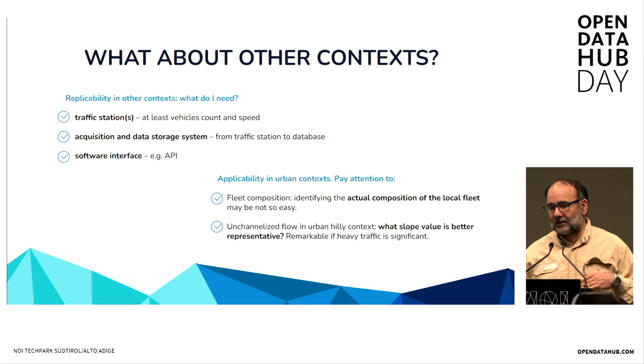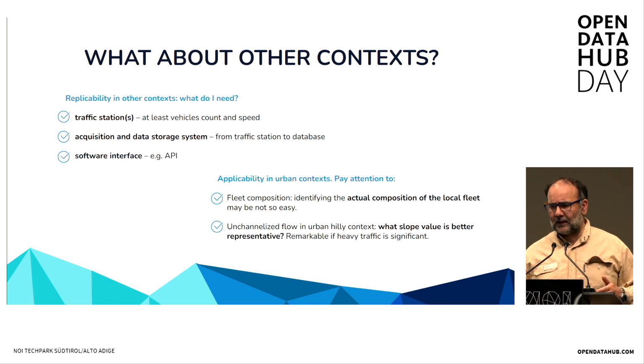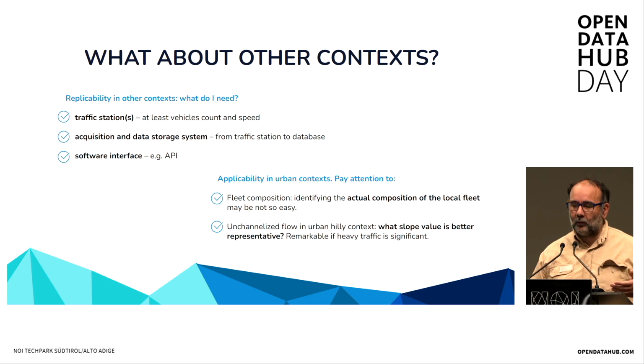The second issue, which is indeed not a real problem for applicability and scalability, is that we have to recalculate in a statistical way the fleet composition for every region where we would like to apply this method again. But this can be done on a statistical basis, as I told before, and is quite standard.